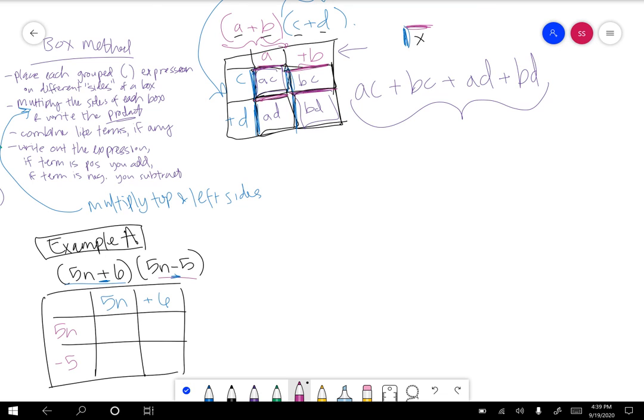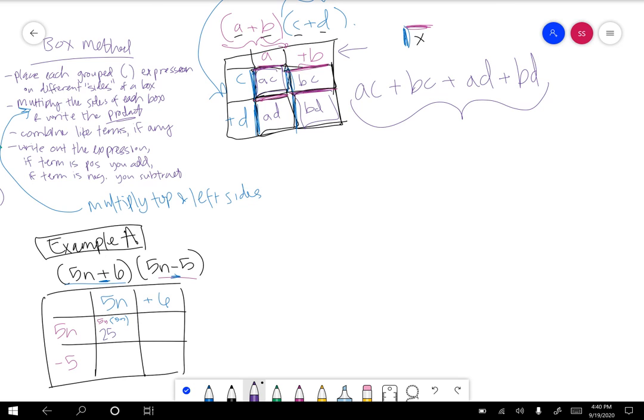The first box, we have 5n times 5n. I'm writing 5n times 5n just so you can look back and see what we're actually doing. First you multiply the coefficients. So 5 times 5 is 25.